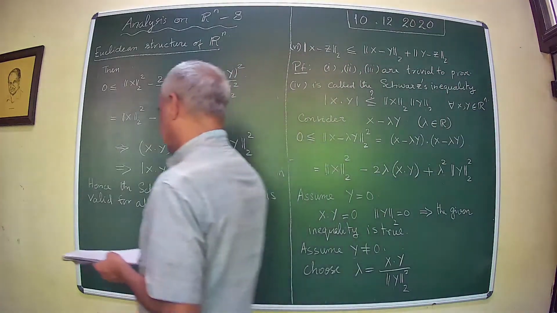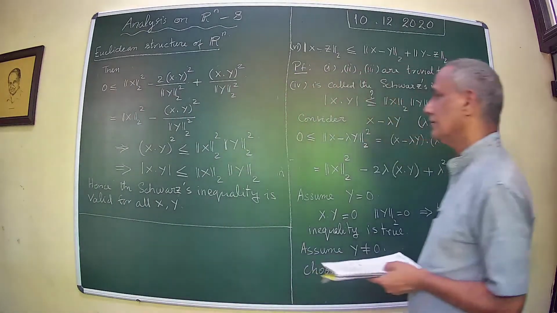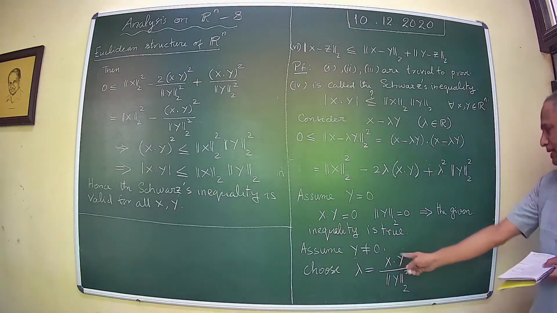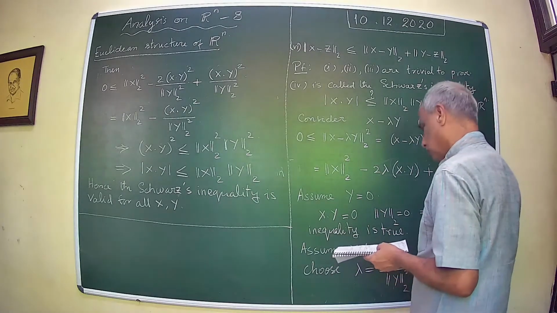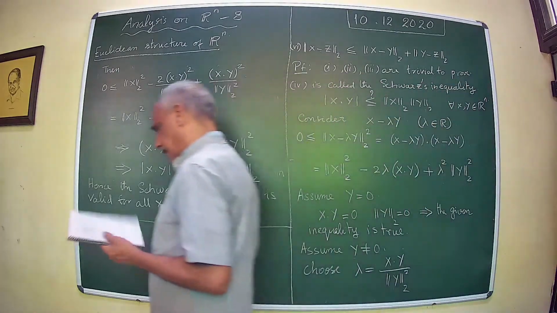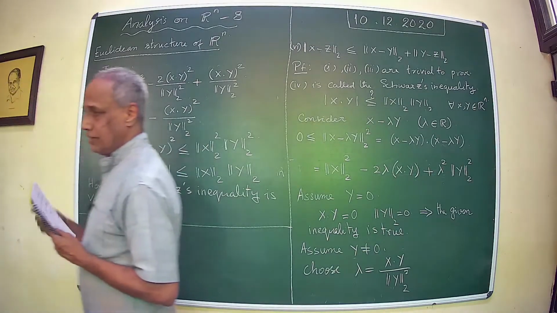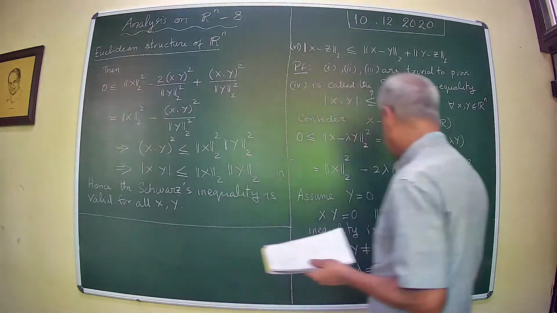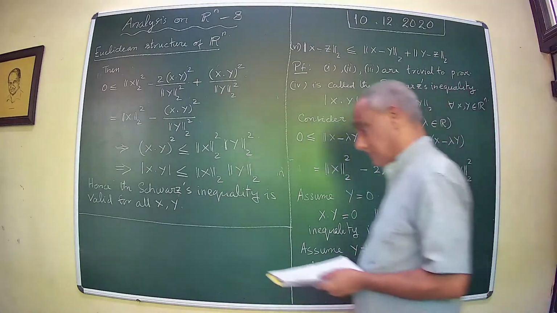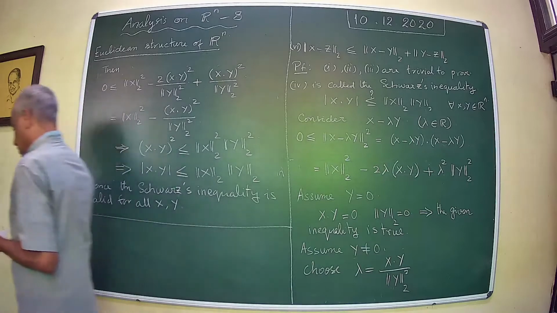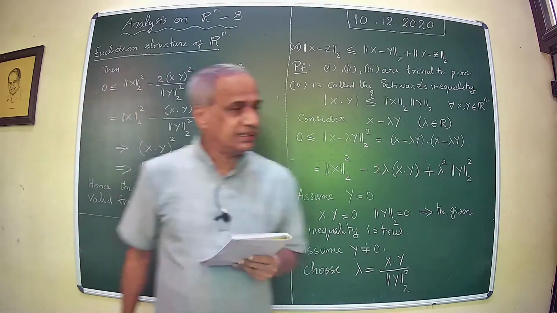So we have proved this. And lambda equal to x dot y divided by norm y square is a very legitimate choice for lambda because it's a scalar. I mean, lambda is any real number, this is true, and this is well defined. So that's a proof for this inequality.